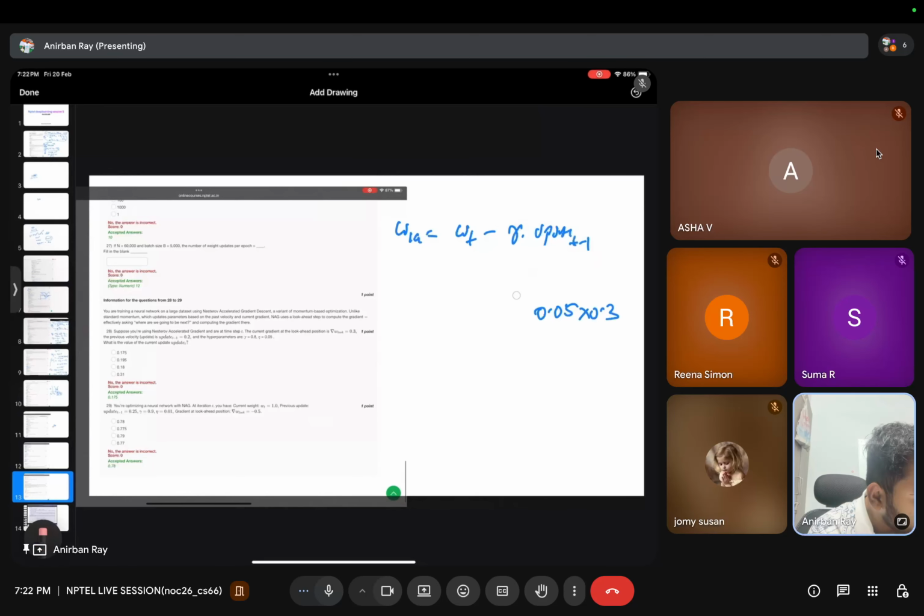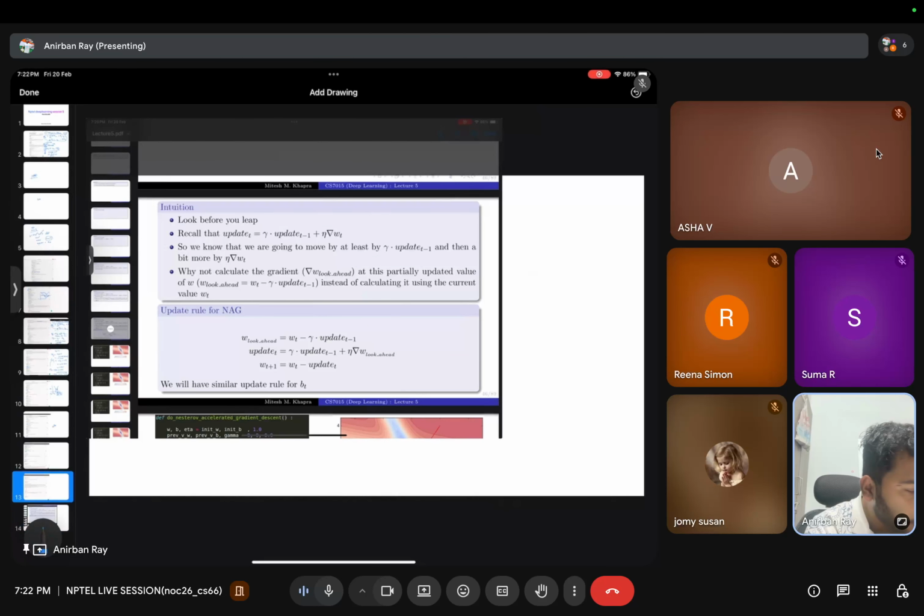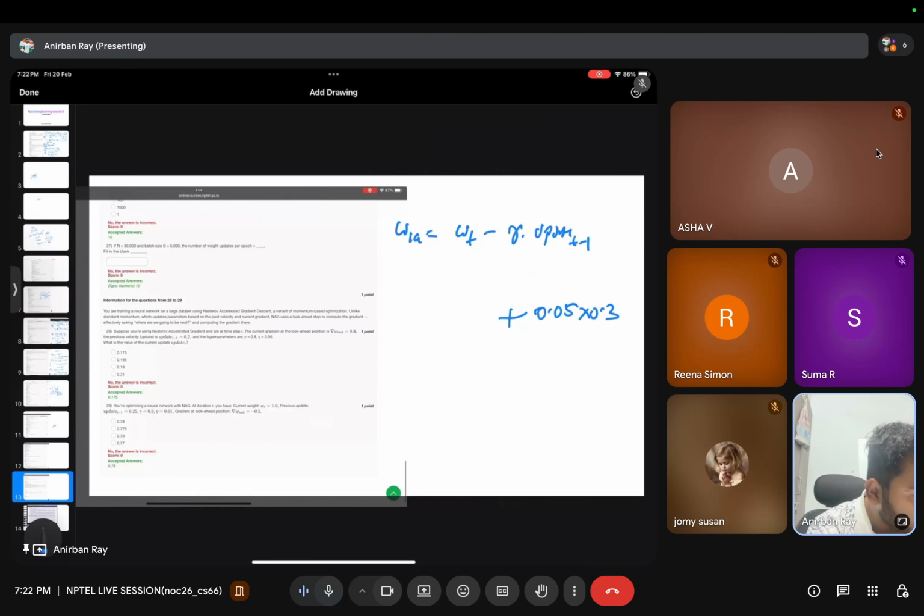Plus gamma update T minus 1. So gamma is 0.8 and update T minus 1 is 0.2. So this is the current update.